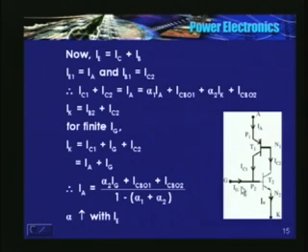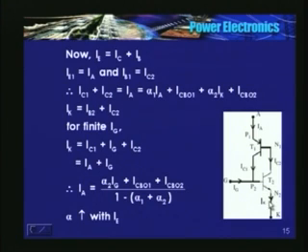Now if there is a finite IG, the base current is IG plus IC1. So IG plus IC1 plus IC2 is equal to the emitter current IE2, which is equal to IK.